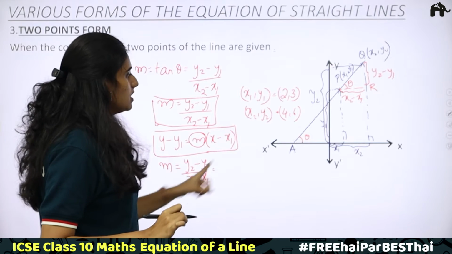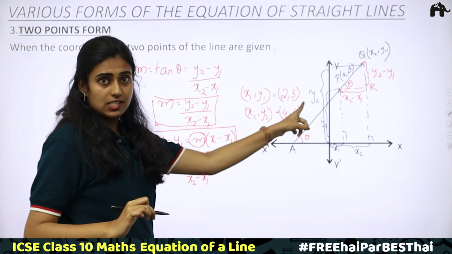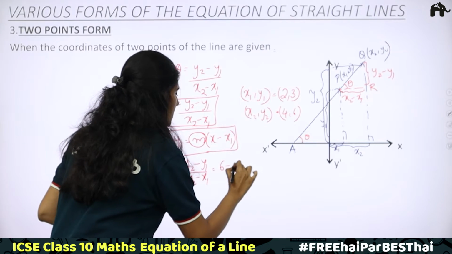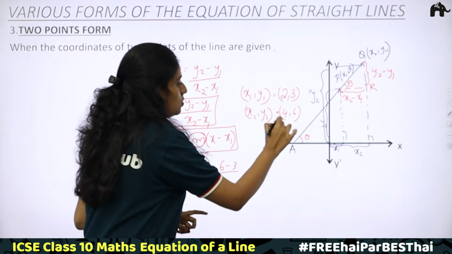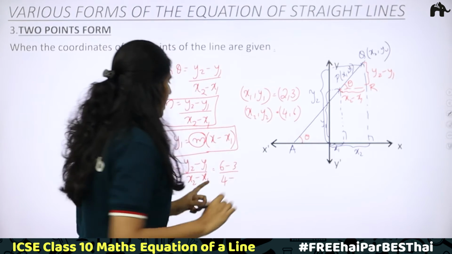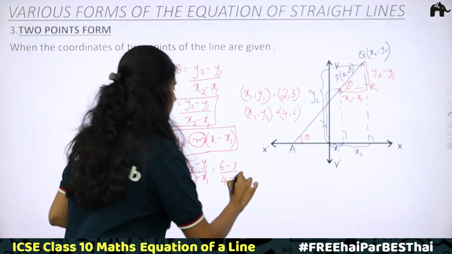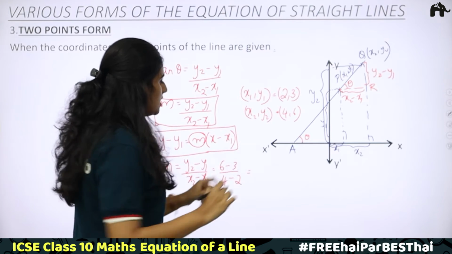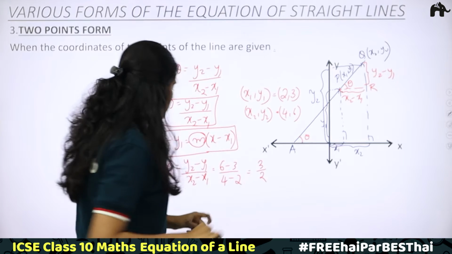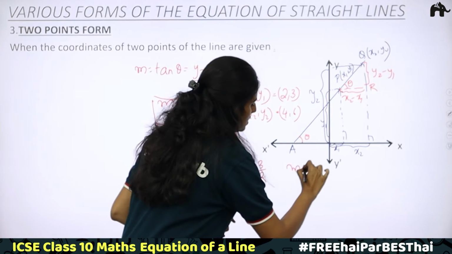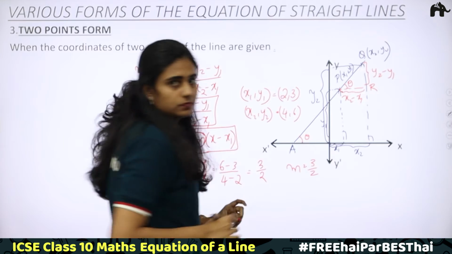Here y2 is equal to 6 and y1 is equal to 3. 6 minus 3 divided by x2 minus x1. Here x2 is 4 and x1 is equal to 2. That is 6 minus 3, 3 divided by 4 minus 2, 2. Okay, we got the slope m is equal to 3 by 2.